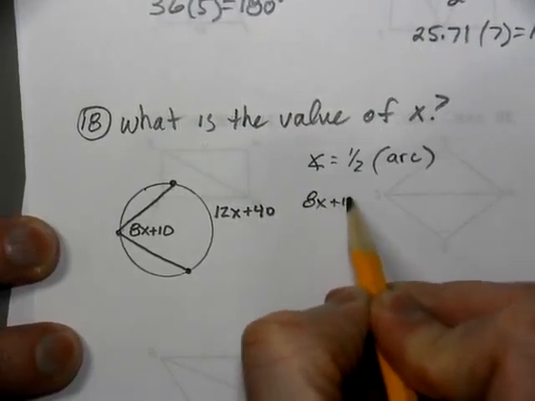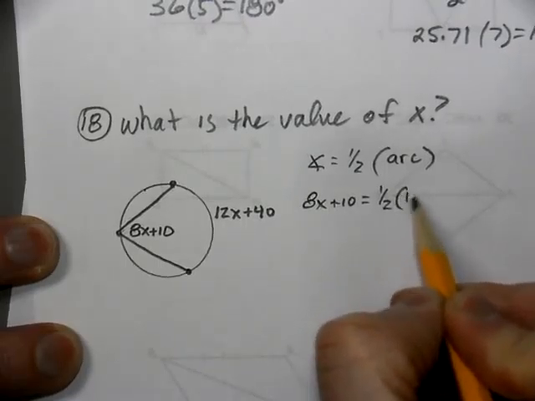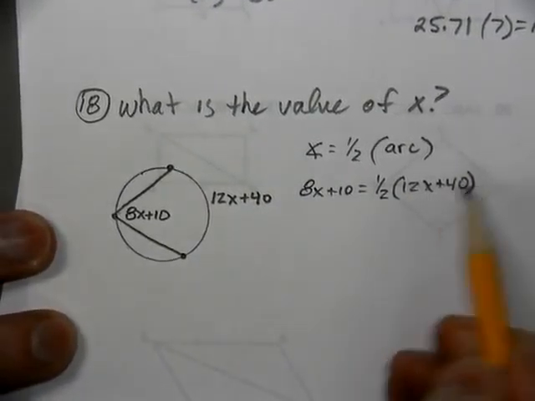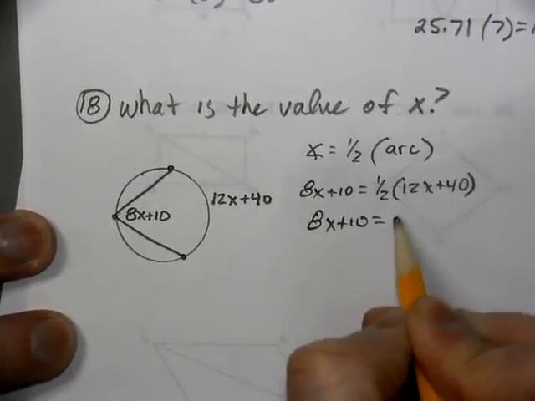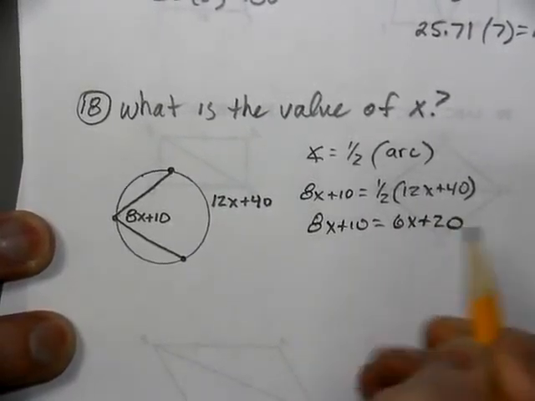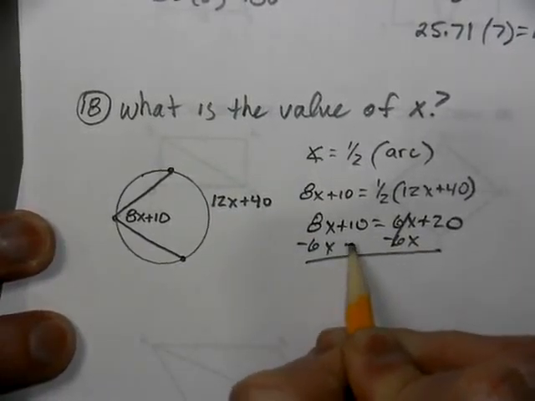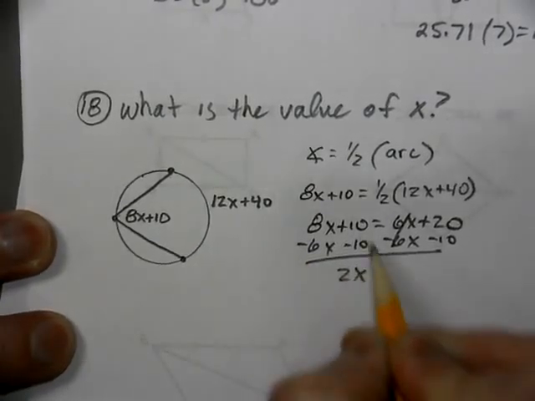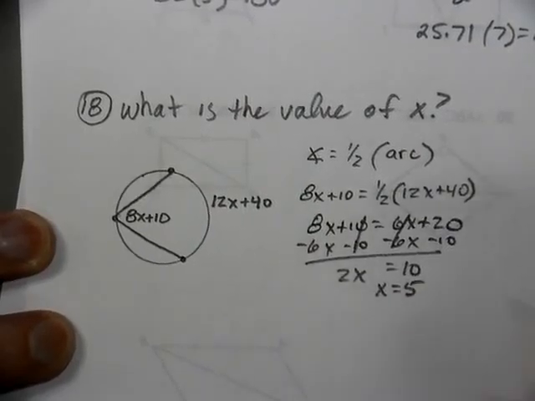So 8x plus 10 is going to equal half of the arc, which is 12x plus 40. Now both of these are even numbers, so you could distribute the half through, which is 6x plus 20. Then we collect our like terms. So we have 2x equals 10, so x is going to be 5.